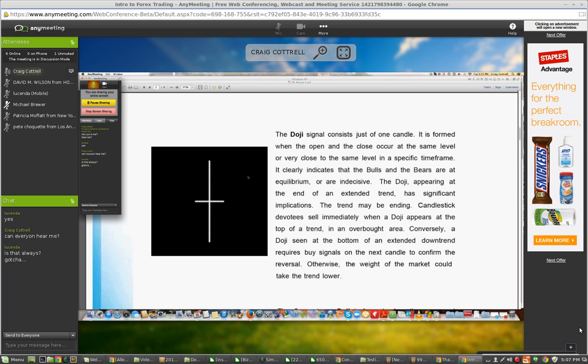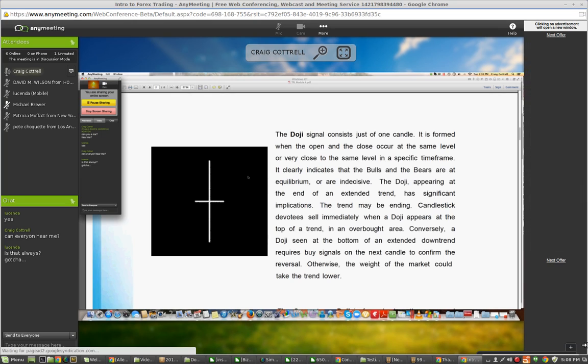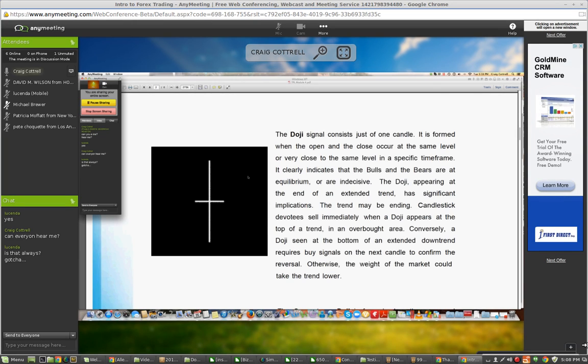Now, this particular candle is known as a doji, D-O-J-I. And when you see one of those pop up on your charts, that's usually indicative of a market that is kind of indecisive. What do I mean by that? Well, let's say we were in an uptrend.